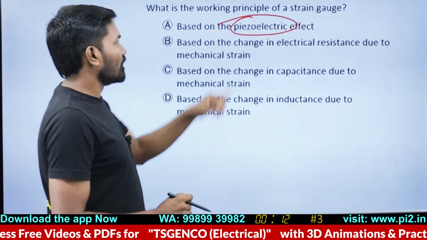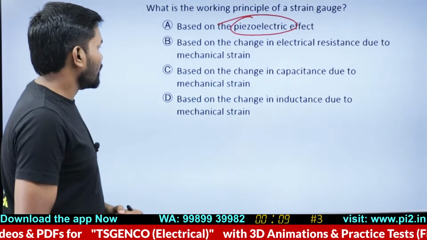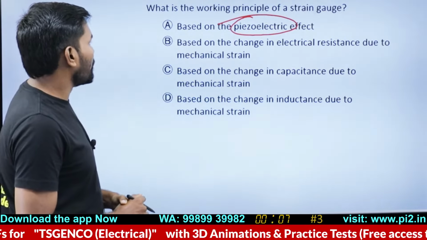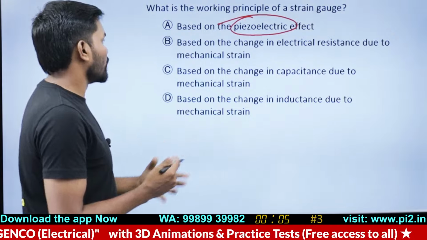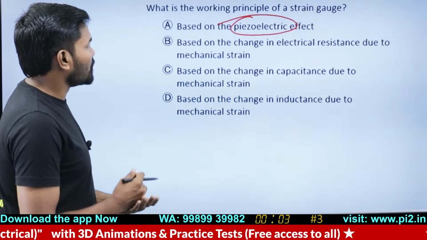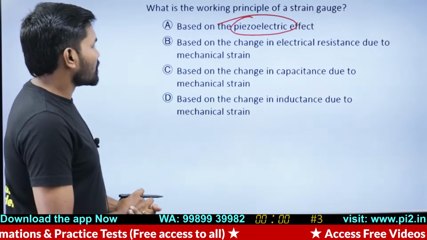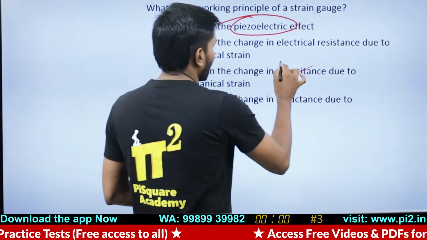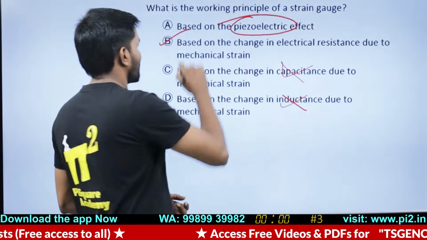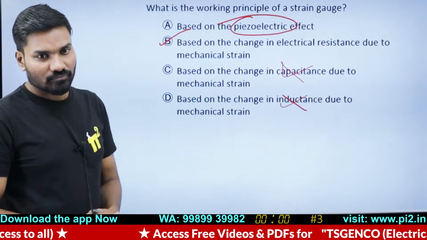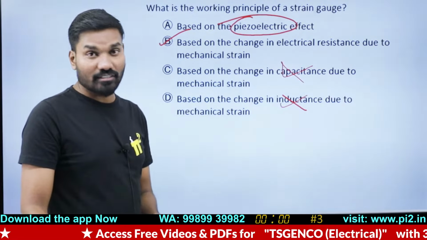So for strain gauge, it is the piezoresistance effect. The matching option is the change in electrical resistance due to mechanical strain. Not capacitance, not inductance. Yes, it is the resistance. Good guys, most of you did a good job.